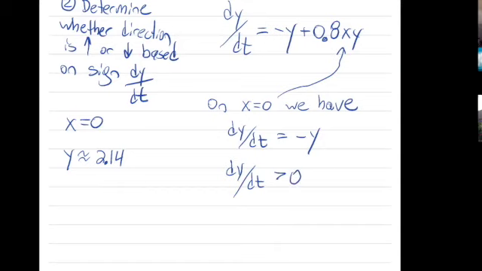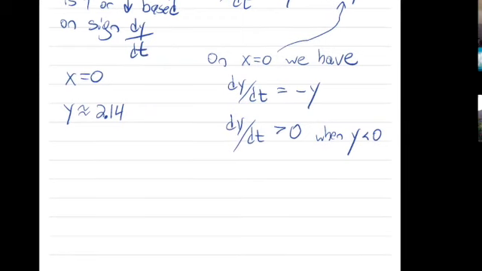So we can see that the vectors are going to point up. dy/dt is going to be positive when what is true about y? What values of y are going to make the vectors point upwards? Negative y values? Yeah, that's right, because this is changing the sign. So this is going to point upwards when y is negative, and dy/dt is going to point down when y is bigger than 0.